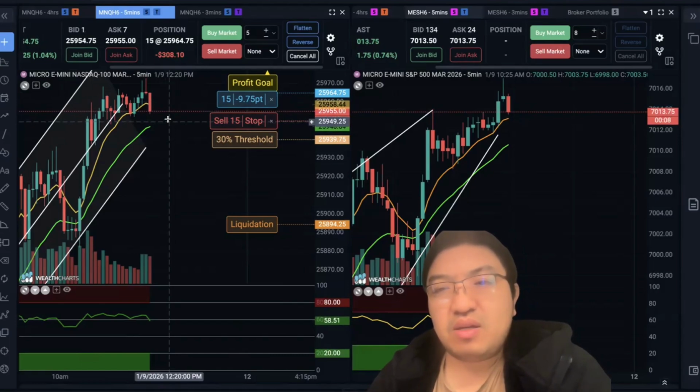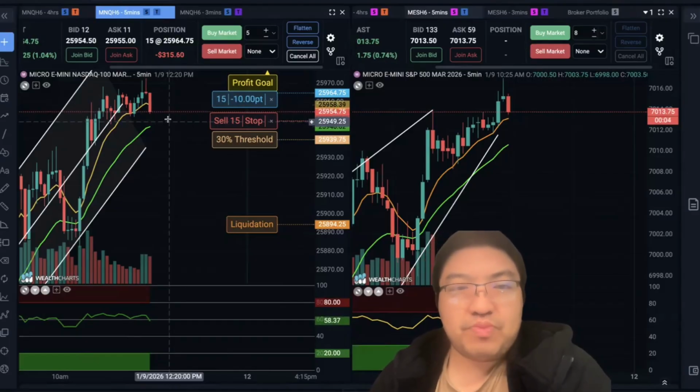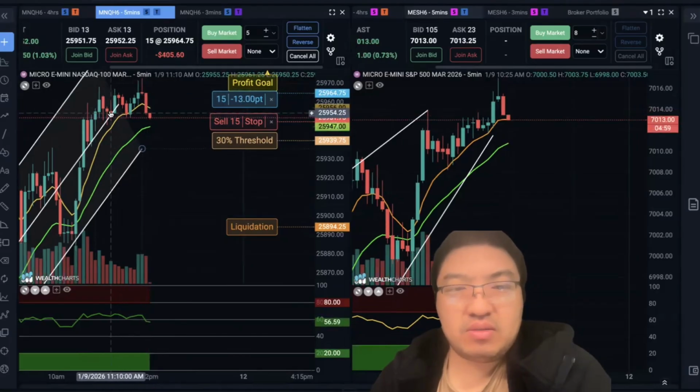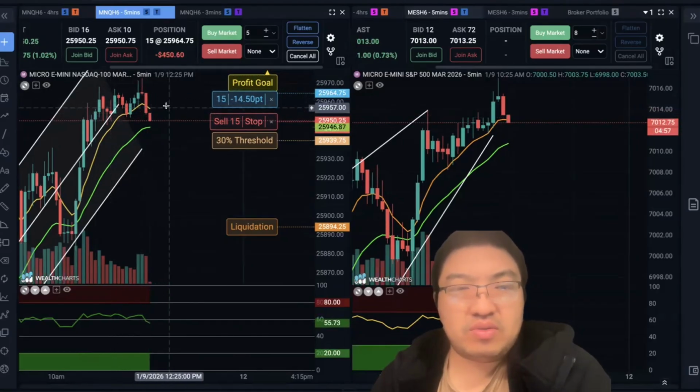We'll see if sellers attack again and if buyers can defend. But this is a liquidity squeeze. That's intimidating. Oh, it's trying to go down.